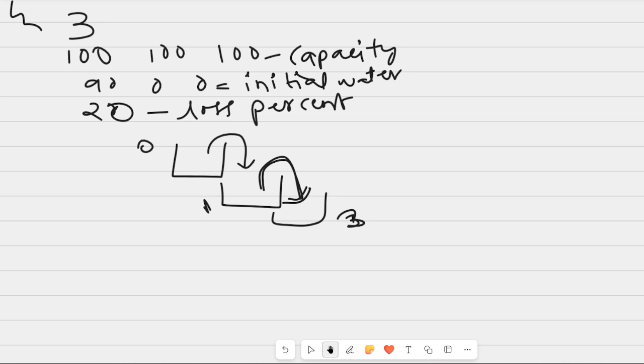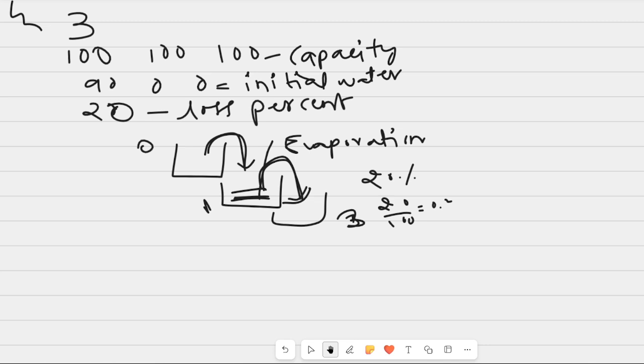During this process there is some loss of water due to evaporation. The evaporation loss percentage is 20% in this case. So 20% means 20 divided by 100, which is equal to 0.2.